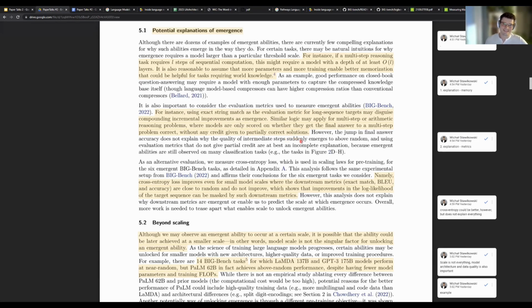So this is something that you have to have in mind, because if you are scoring the model only if everything was done correctly, then yeah, you won't see any gradual increase in performance. So I think at least for some of these tasks, it could be this reason.